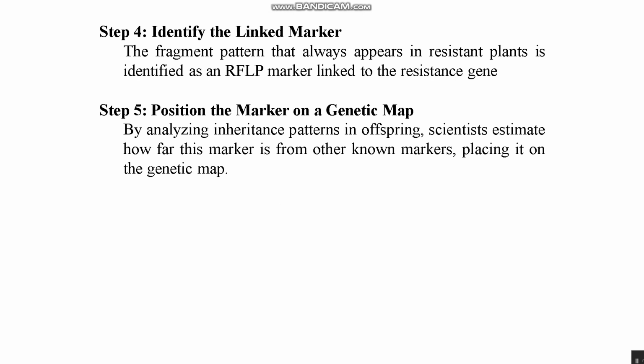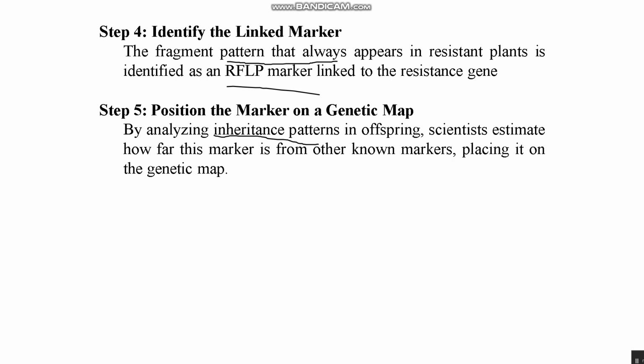Then identify the linked marker: we check the point where the fragment is not cut, identify that point and the position of the marker in the genomic mapping, and by analyzing the inheritance pattern we check the inheritance.